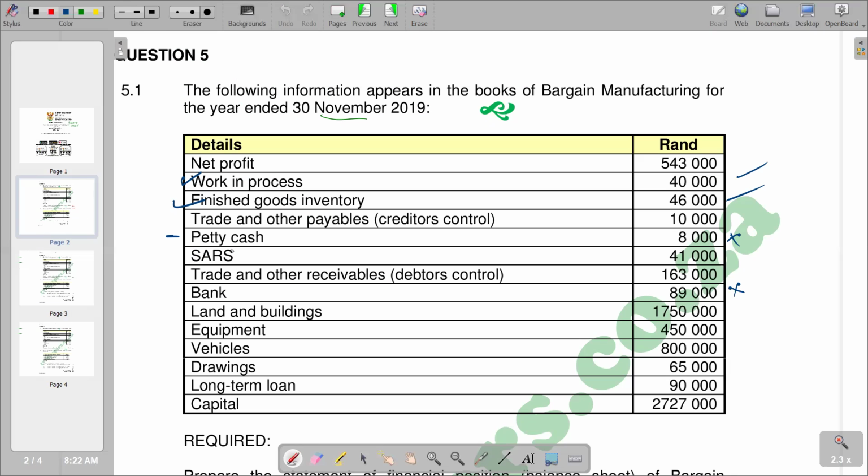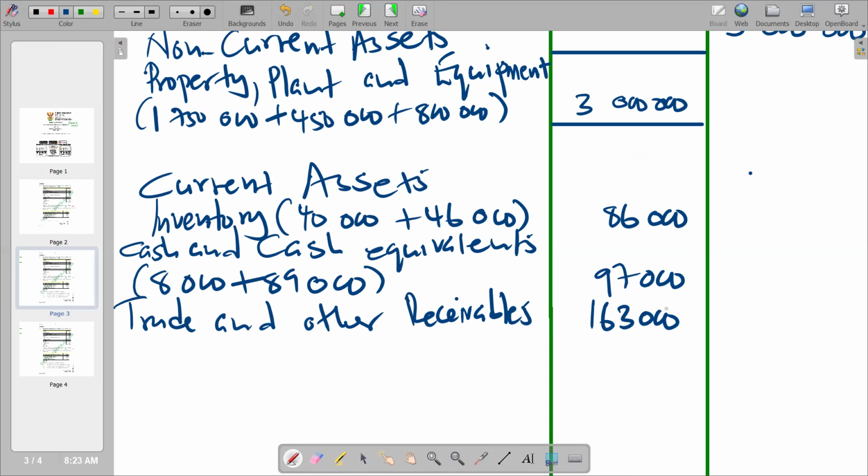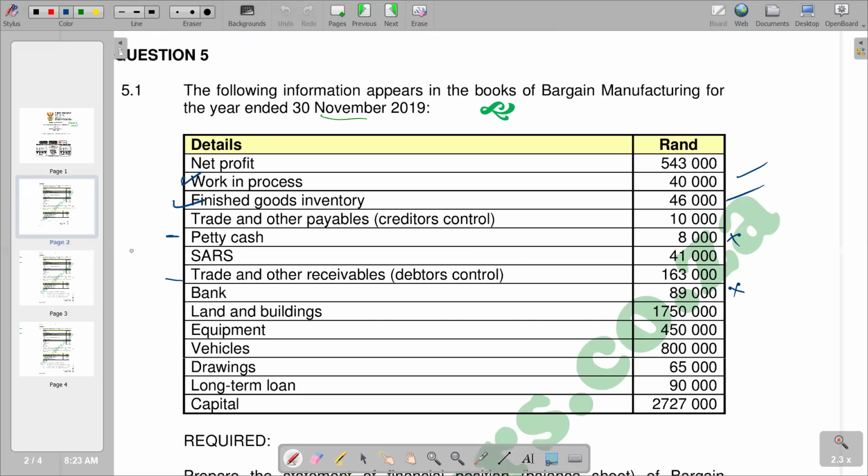So we refer back. Any other current asset, we go down, you see that we've got trade and other receivables, 163,000. Then from there, we check again if we have got any other current assets.